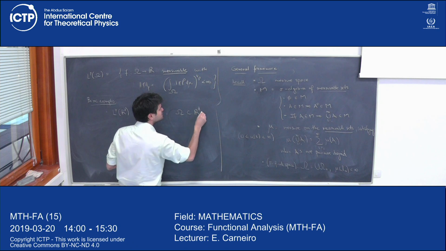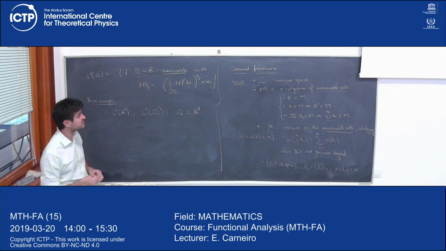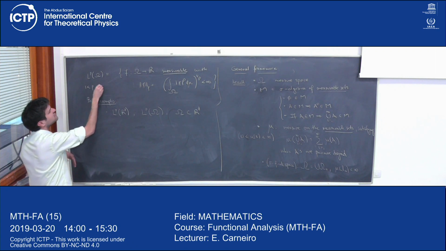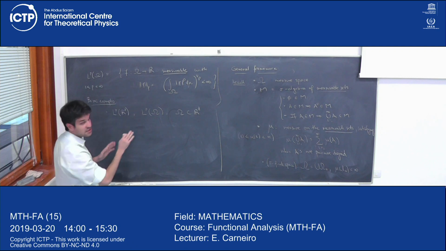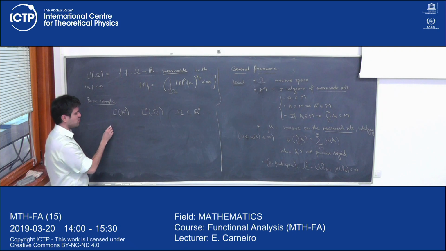So if you are in the real line, LP of 0, 1, for example. This is when p is less than infinity, and when p is infinity it is the essential supremum.